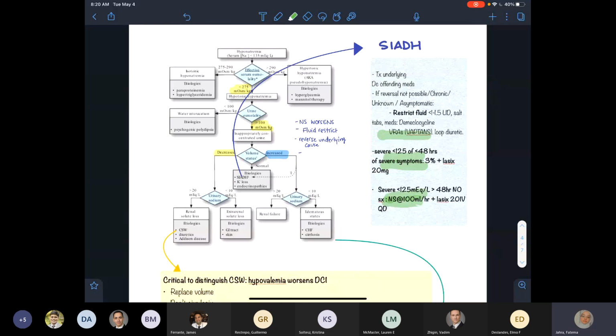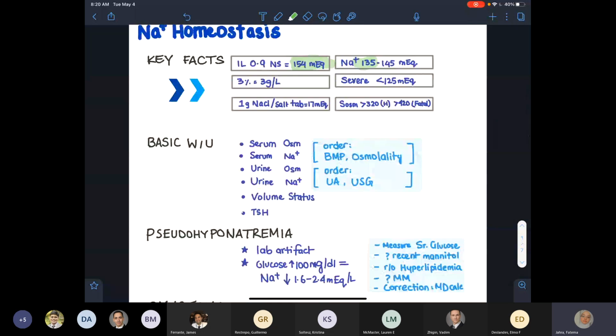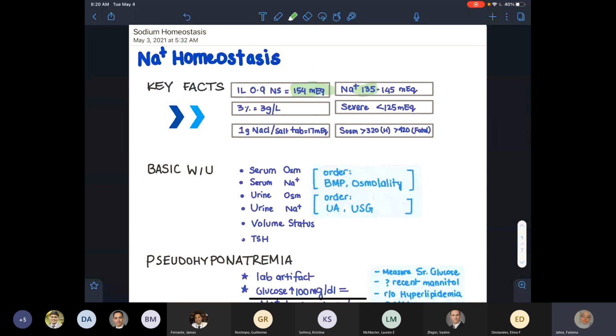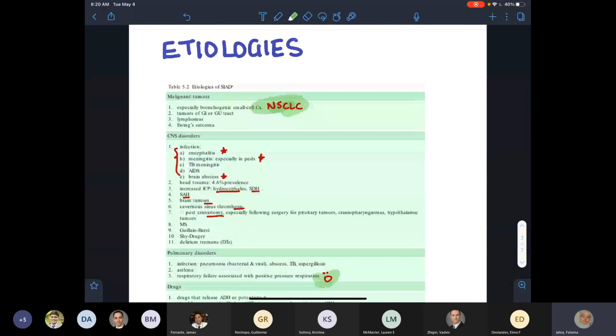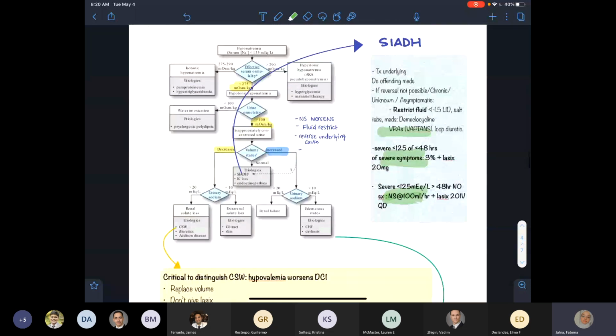Fatima, could you repeat the question? Yeah, so my question was that since NS is 154 milliequivalents and our serum sodium is 135 to 145, it is slightly more hypertonic than your serum sodium. Why can't we just give NS and call it a day for SIADH?